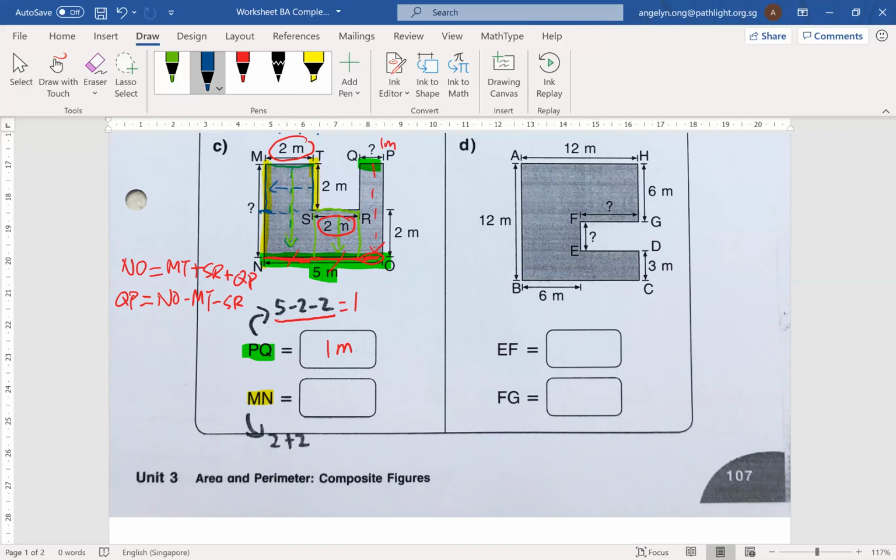And the other section, I can look across and I see that this height here is 2 meters. I bring it across and it will fit here. So MN is actually this ST of 2 meters, adding up this other height here of 2 meters. That's how I get 2 plus 2. And 2 plus 2 is 4. So MN is 4 meters.